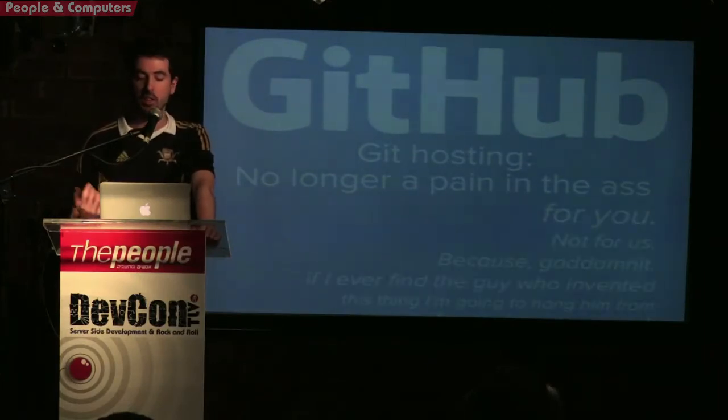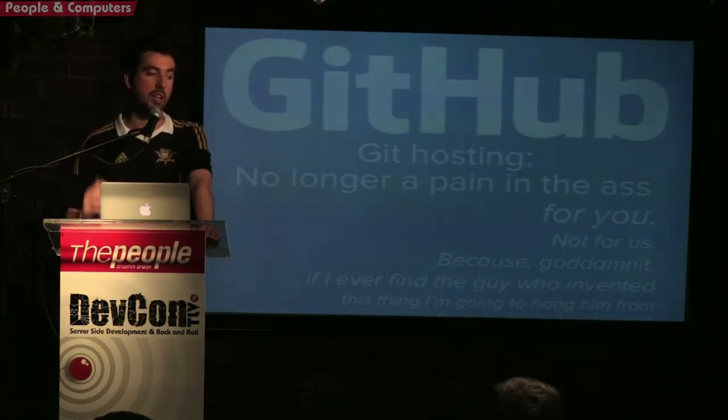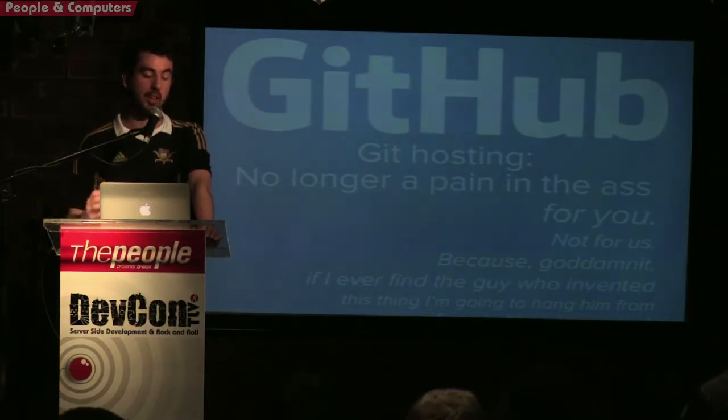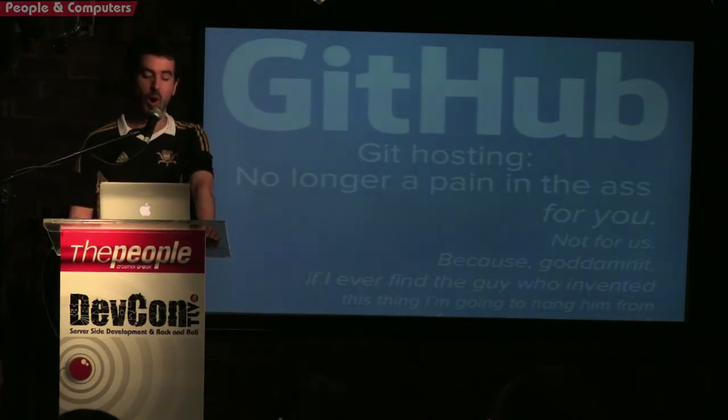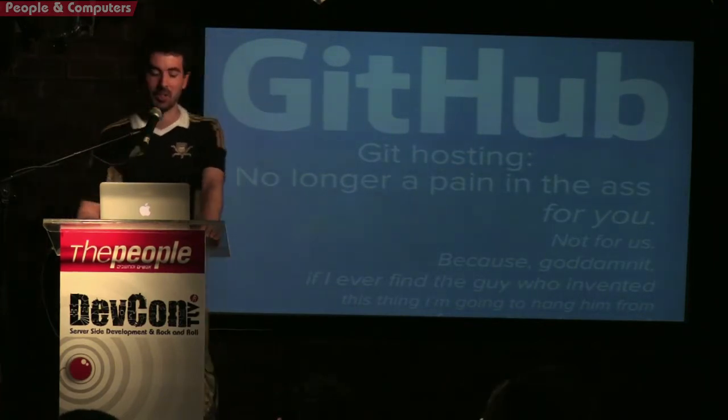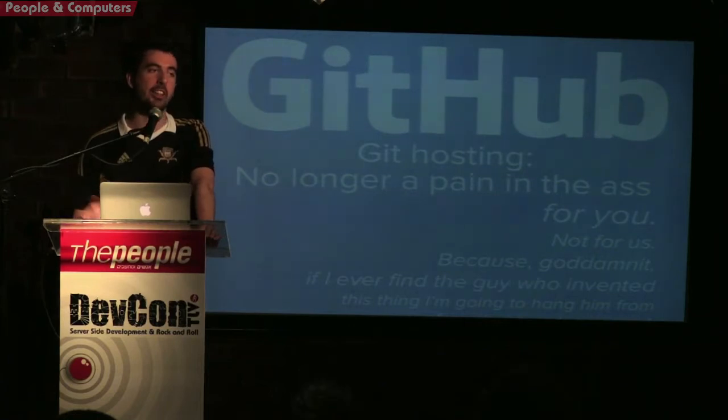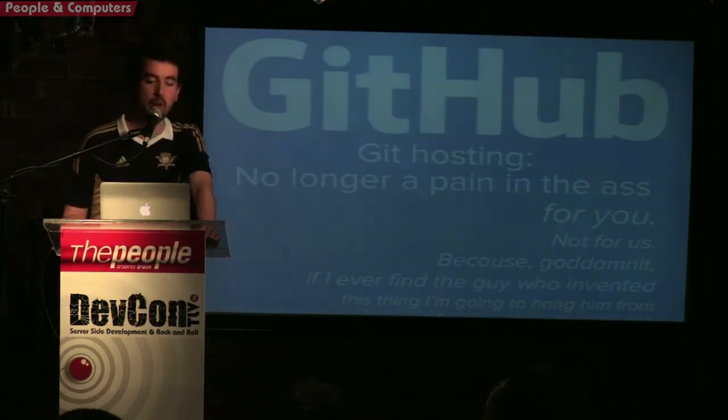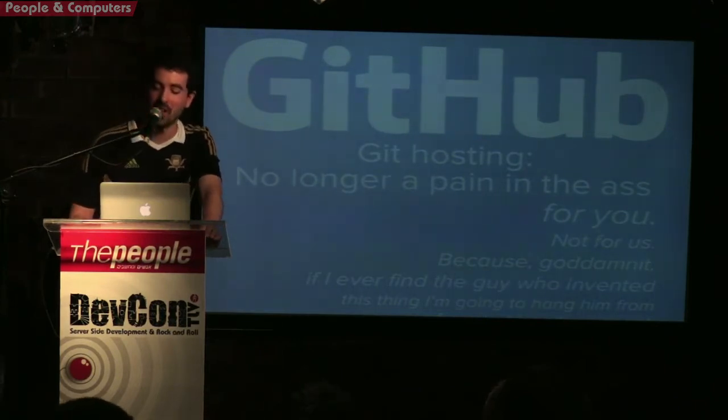Like, no longer a pain in the ass for you, but not for us, because Jesus, if you imagine the pains we go through every single day to make this thing work, if I ever met the guy who invented Git, I would just, oh God, it's so bad. It works so terribly. He's supposed to live in California, isn't he? Yeah, I should probably go and beat him up, but no, I'm kidding.